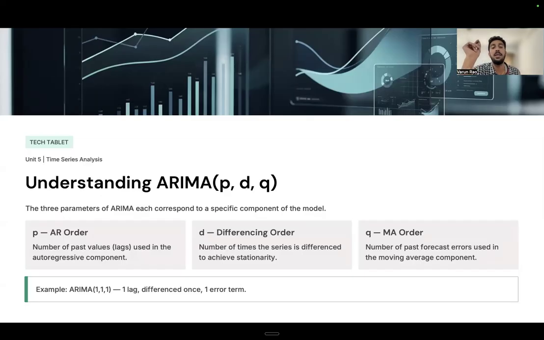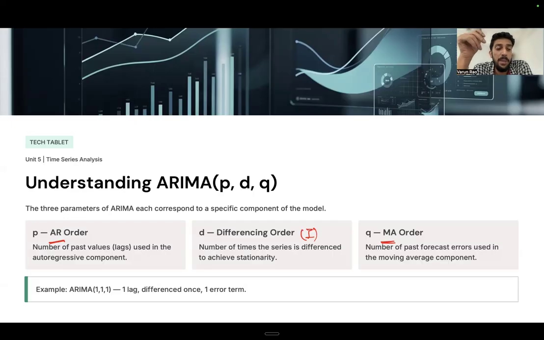So let us understand ARIMA with the formula this time, rather than a very simple theoretical understanding. Firstly, ARIMA is (p, d, q). P is AR, the autoregressive part, then differencing is I, and then you have MA. So it wouldn't be wrong to say this is how ARIMA came into existence. What is the value of p?